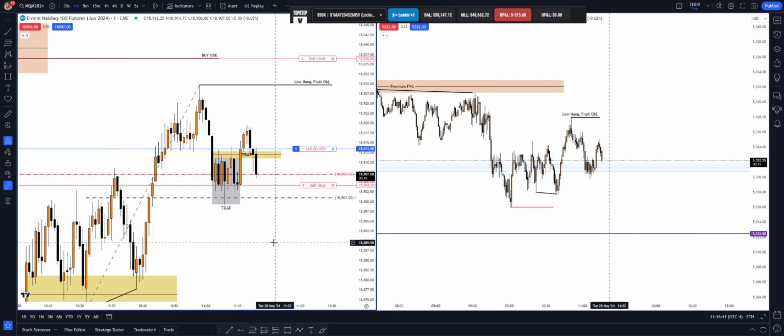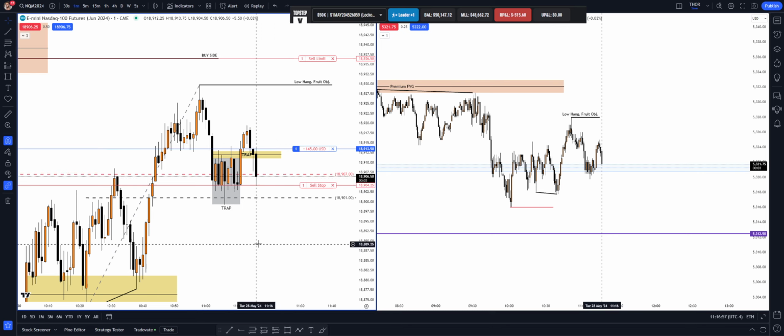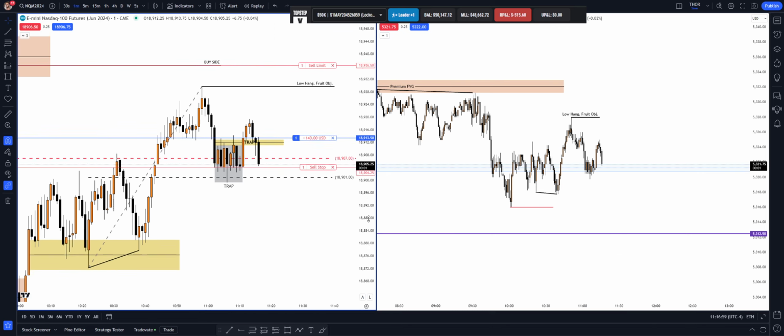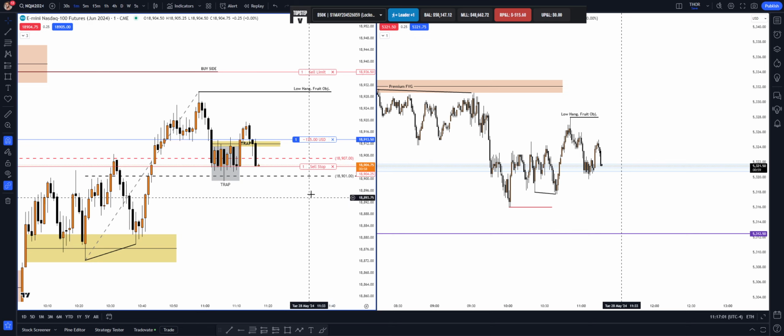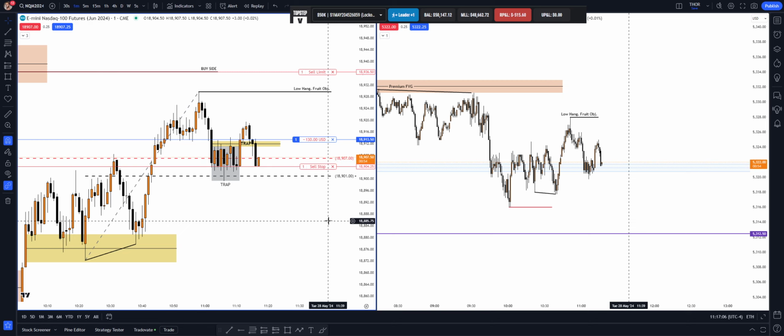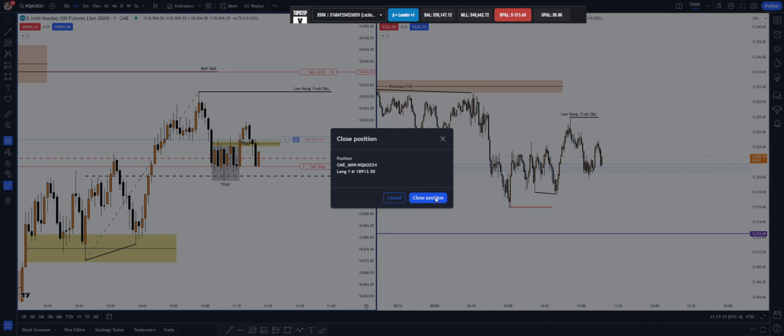I don't like that candle. Yep, getting stopped there probably. Probably gonna collapse this manually.